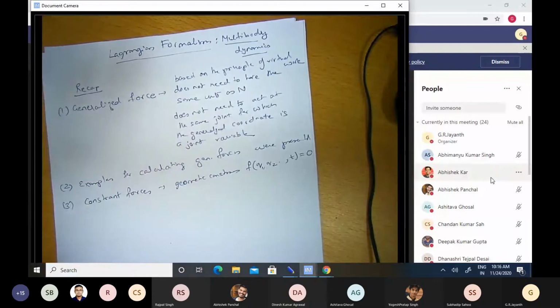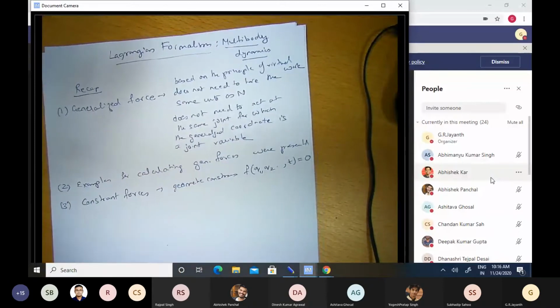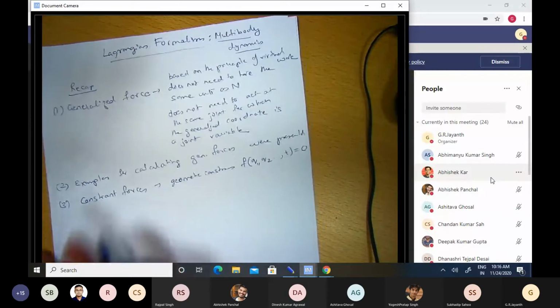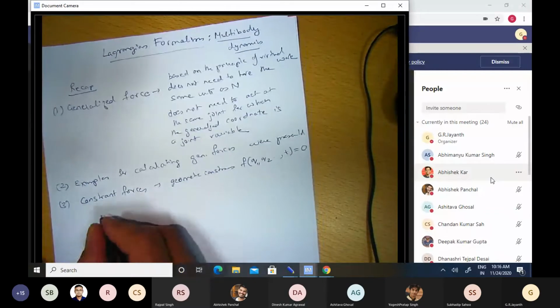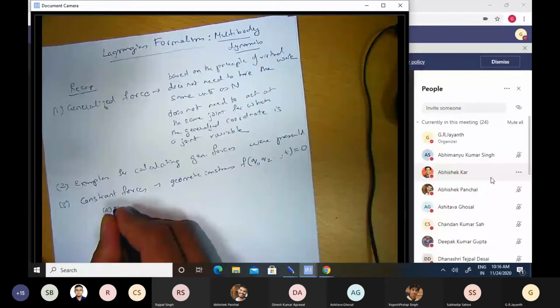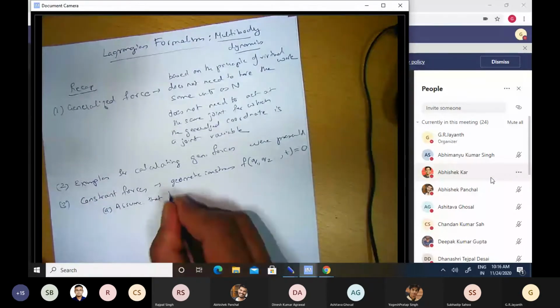Okay, so how do we go about obtaining the constraint forces? I provided the steps in the previous lecture, but I will add 2 more steps to whatever I provided, because that was not clear in the description that I had. So first, assume that the constraints do not exist.